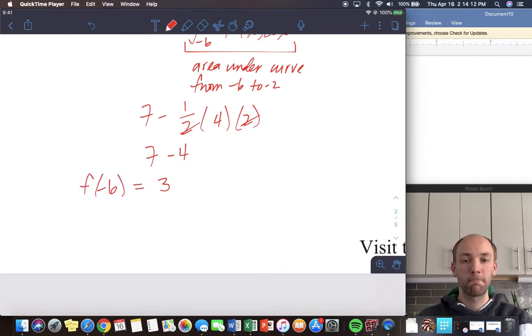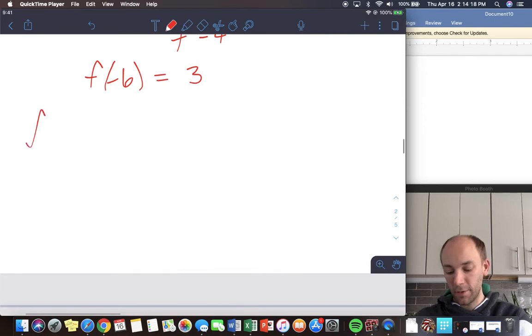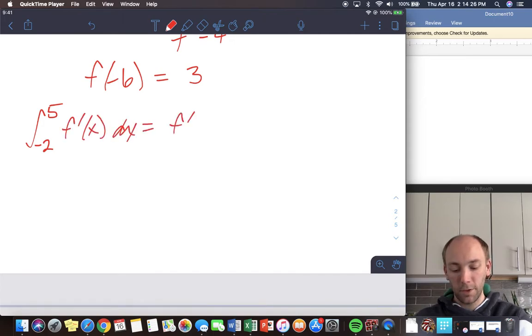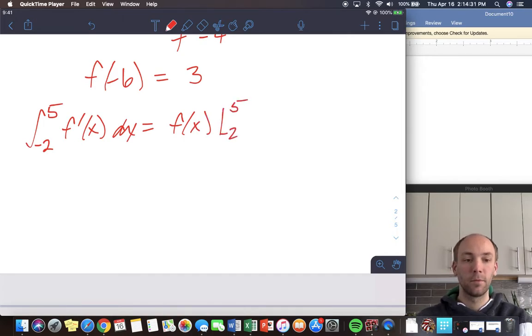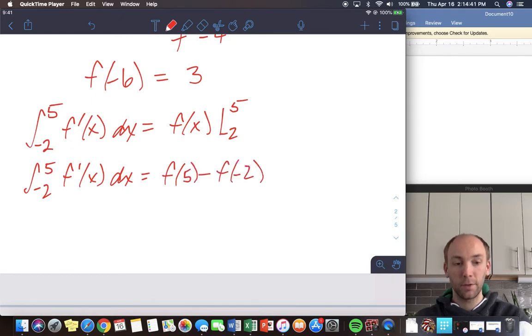We're going to go through the same process, but now with 5. I'm still going to use what was originally given, the -2, and this time I'm going to go to 5. The integral of the derivative would equal my original function evaluated from -2 to 5. So we'll plug in the top bound minus plug in the bottom bound.